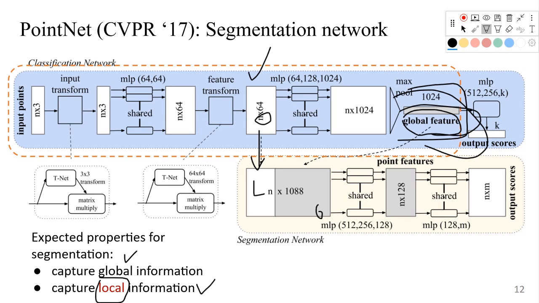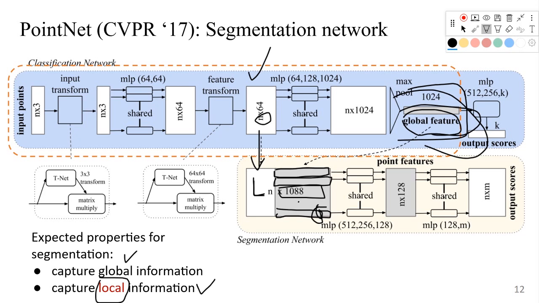Because this is only one vector, we just repeat it: we copy it into another row, until the last one, which is n. Then we concatenate these two features. This captures the local features, and this captures the global features. So hopefully the global and local features can be used to carry the segmentation network.